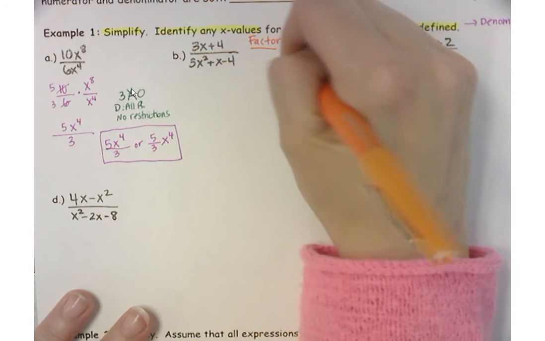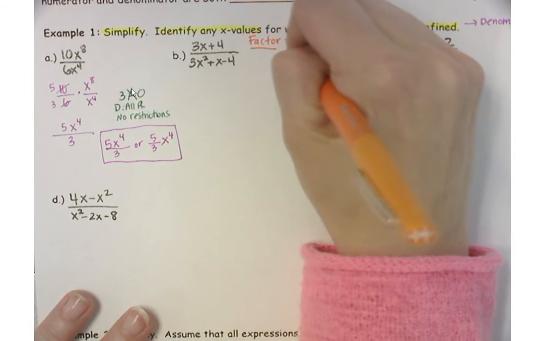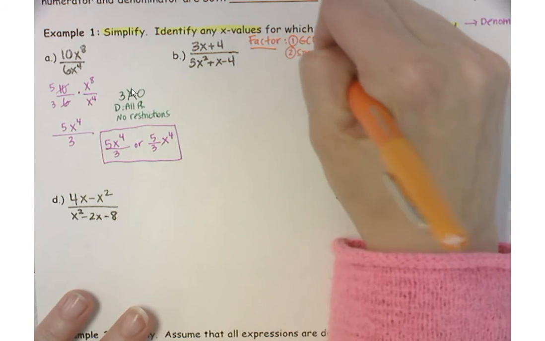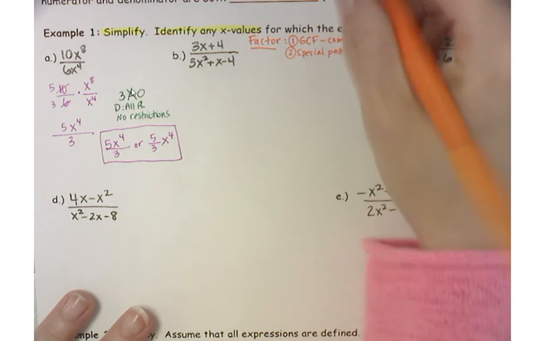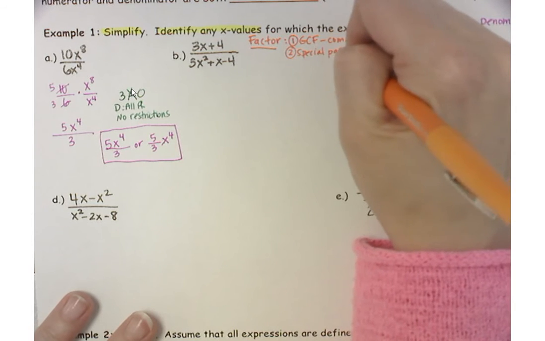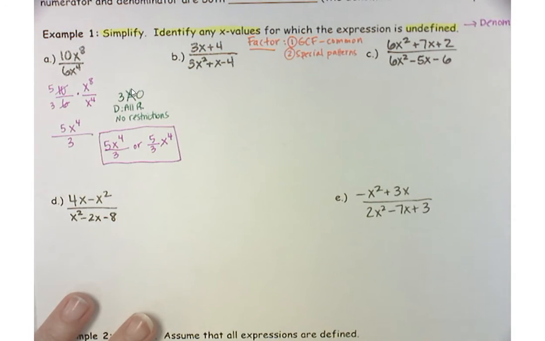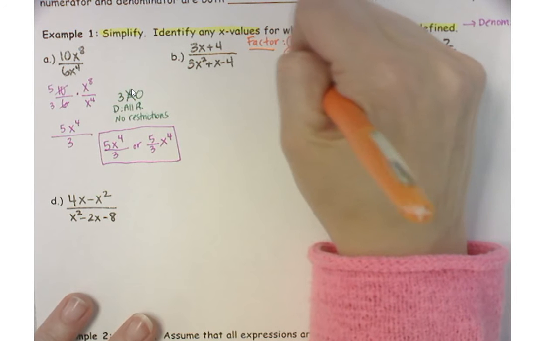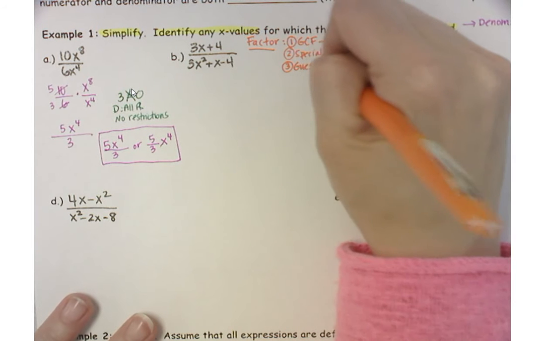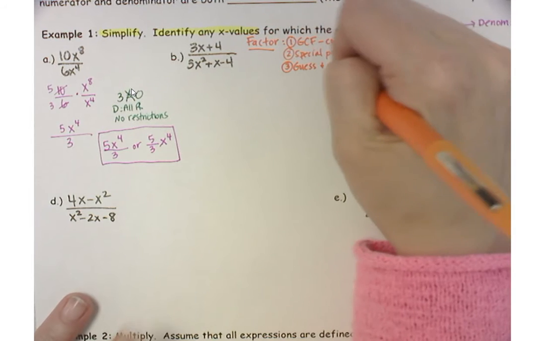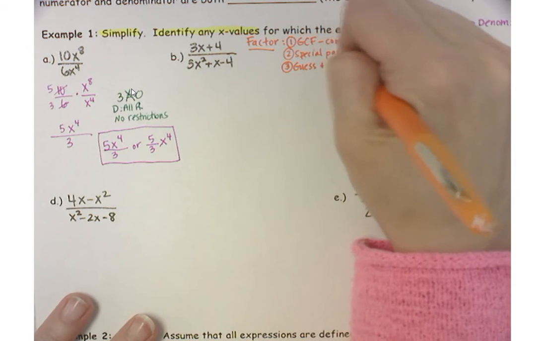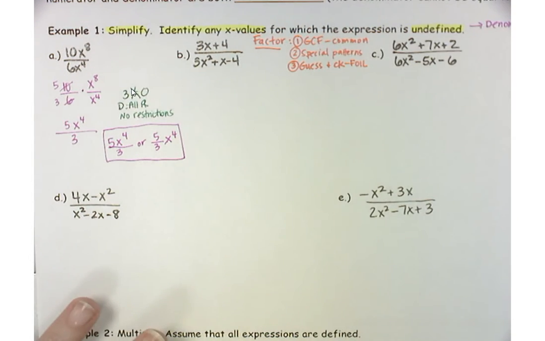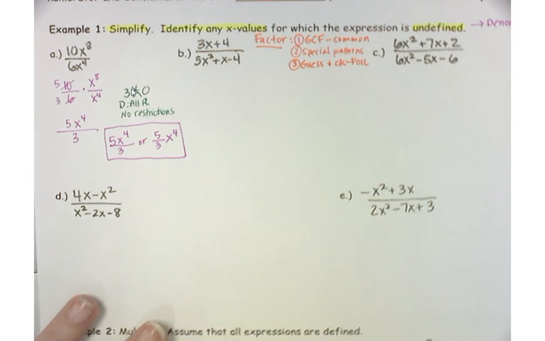We did the difference of 2 cubes. You have perfect square trinomials. And then if those don't happen, you are going to guess and check. When you check, you are using FOIL to see if that multiplies back. So we're going to do a lot of factoring review today.